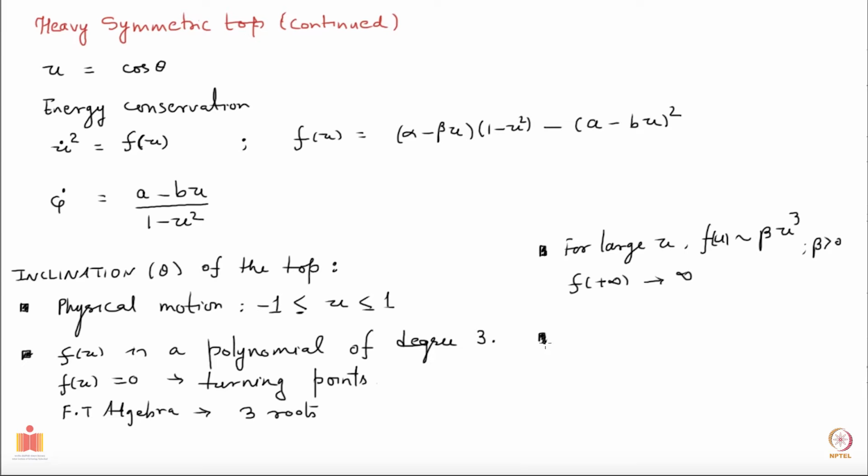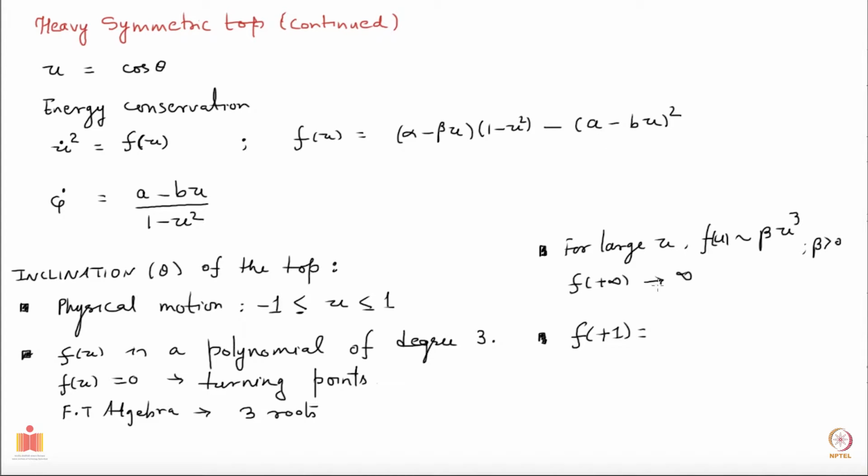Second, let's evaluate what values f takes at the boundaries of the physical region. The physical region is bounded between -1 and 1. So if you evaluate f of +1, or even f of -1, because u square is 1, this term will go away and give you 0, which means the first term will not contribute and only the second term will contribute.